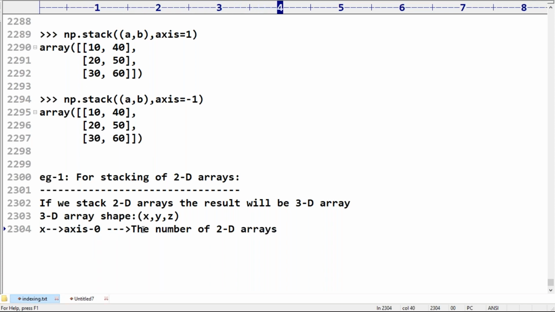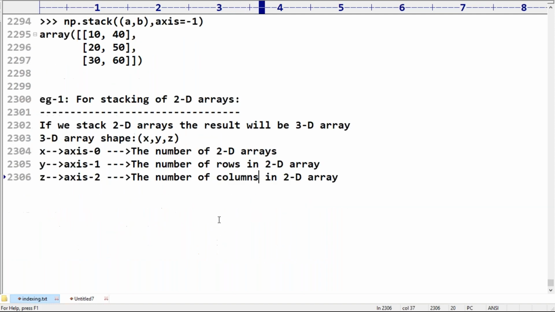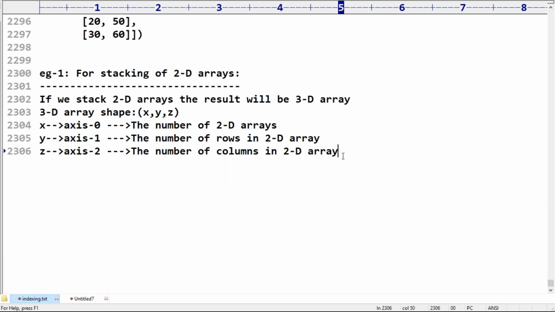Axis 0 means how many 2D arrays are there. y means axis 1, the number of rows in each 2D array. Z means axis 2, the number of columns in the 2D array. Are you feeling comfortable?